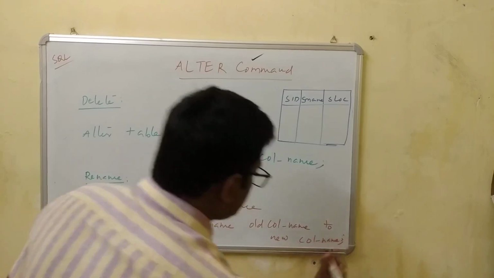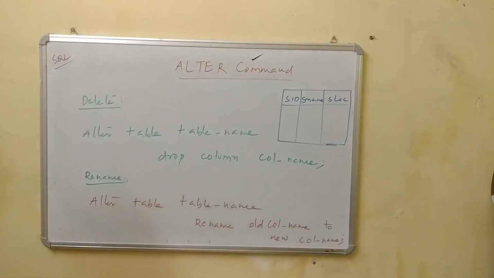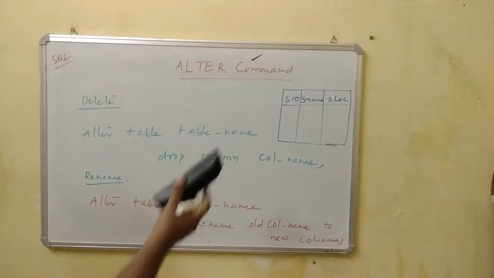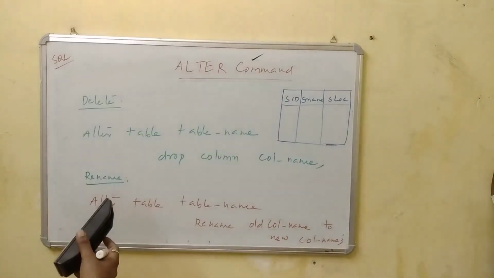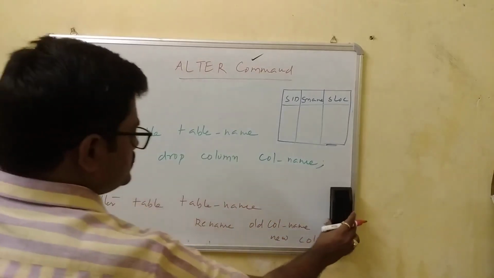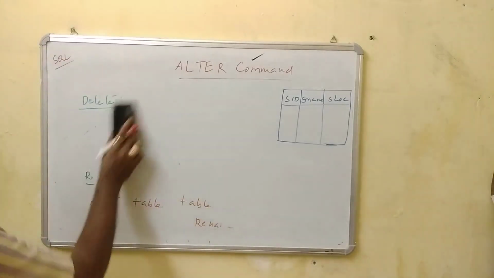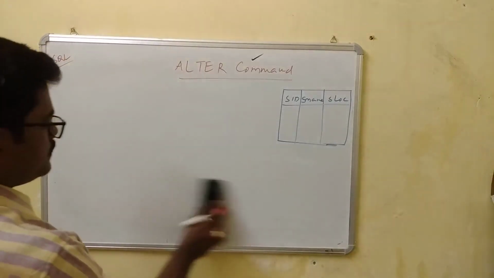So these are the 4 syntaxes, and the 4 operations we can perform by using the alter command on an existing table. Let us take examples one by one, then you will get clarity on how to make these changes.